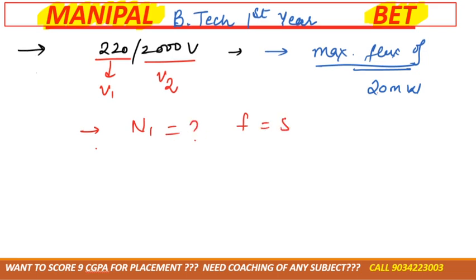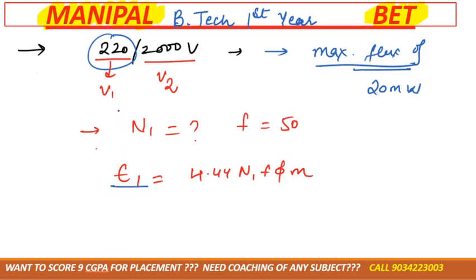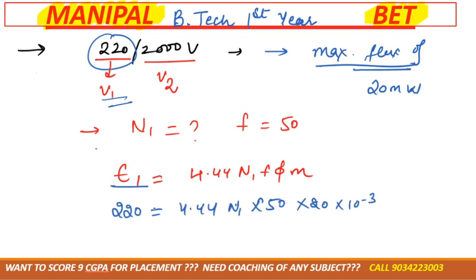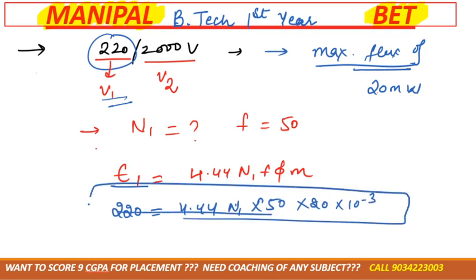So we'll have the formula E1 is equal to 4.44 f N1 phi m, right? E1 is the EMF in the primary. We calculate N1, where phi m is the maximum flux, that is 20 times 10 to the power minus 3. Okay, so from here we get N1.